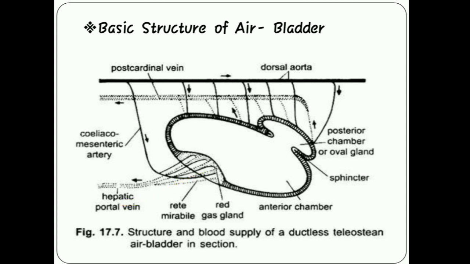Okay. Now we are discussing the posterior chamber of the air bladder. The posterior chamber also has many arteries and many veins. They reabsorb the gas. The anterior chamber and posterior chamber are connected by a sphincter. It is used for constriction of the air bladder.